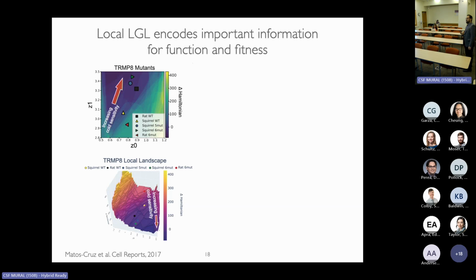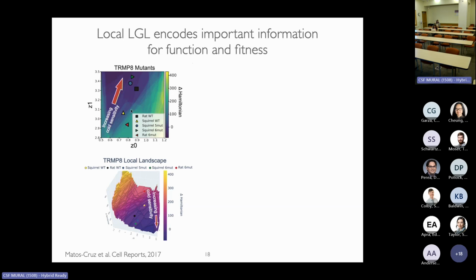Now, because our view is that this protein's main goal is to be sensitive, not insensitive, the squirrel versions of the protein are not in this dark spot, right? The rat wild type is here in a very dark spot. But then they did mutations that allow the protein to lose sensitivity.